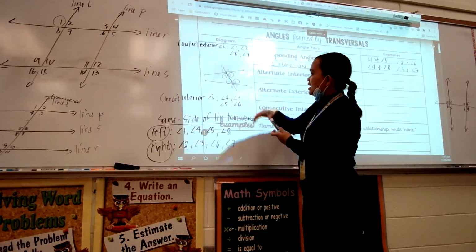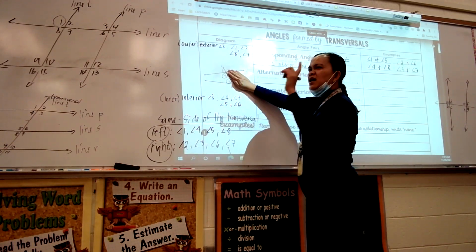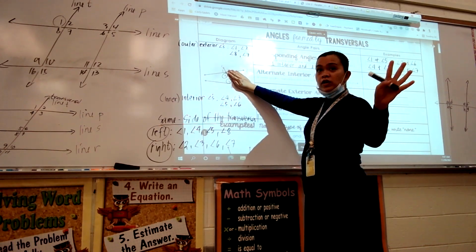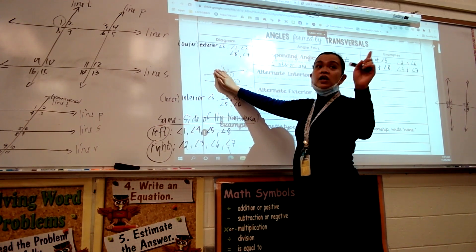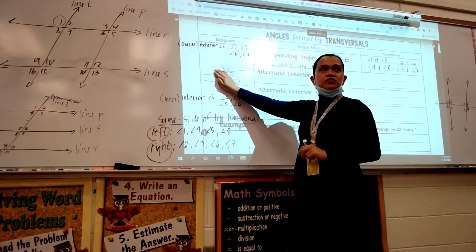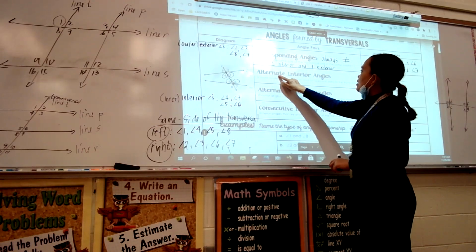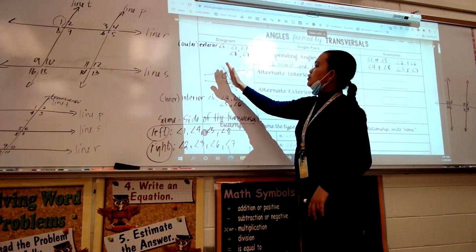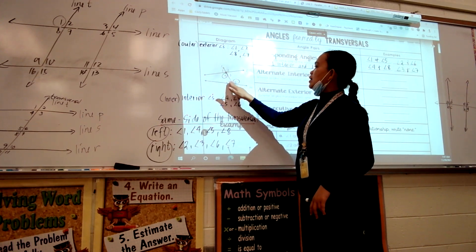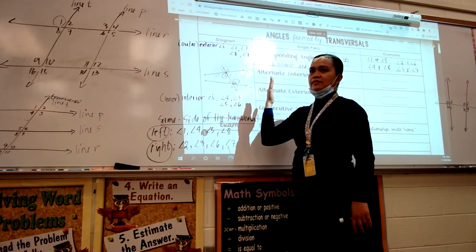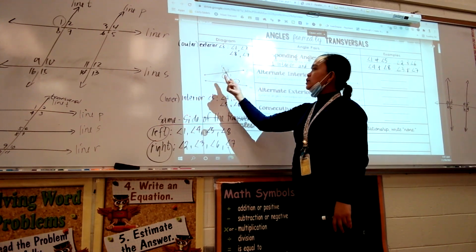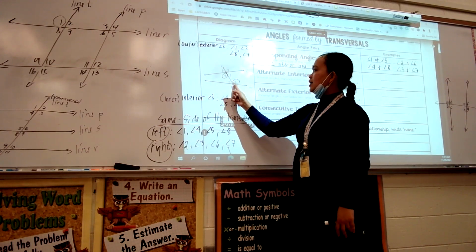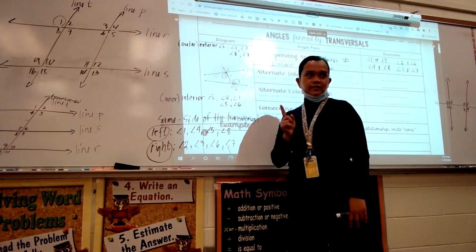If I take 4 and 5, they are on the same side. So we can't. If I take 3 and 6, they are also on the same side. But it says here, alternate, meaning one would be on this side, and the other one would be on that side. So that is alternate interior angles.